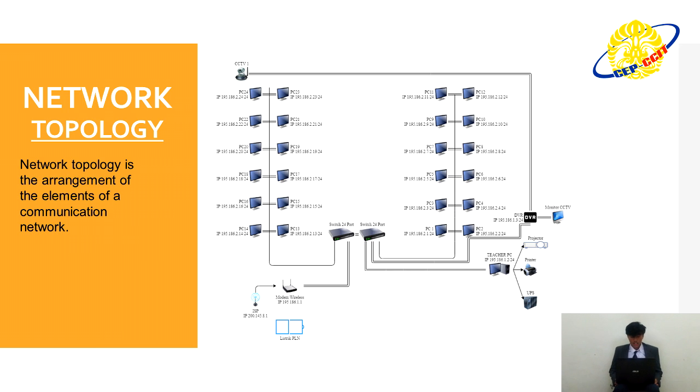Bus topology is a computer network topology that uses a single cable as the transfer medium. So in practice, this type of topology takes advantage of a central cable to which all clients and servers are connected. We use IP class C.